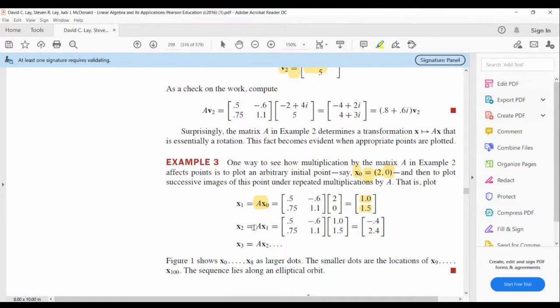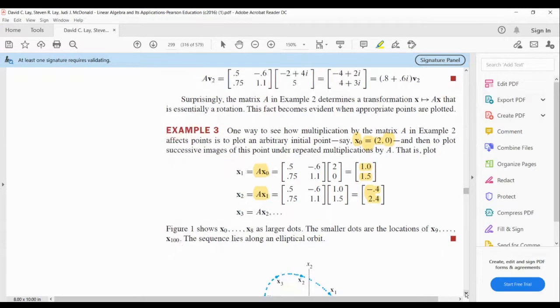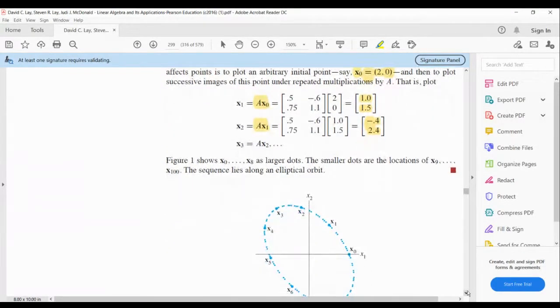Then if you take x1 and pre-multiply it by A, you get x2, and that's going to be negative 0.4 and 2.4. And you can keep doing this. You'll notice that these transformations cause the points to be rotated.